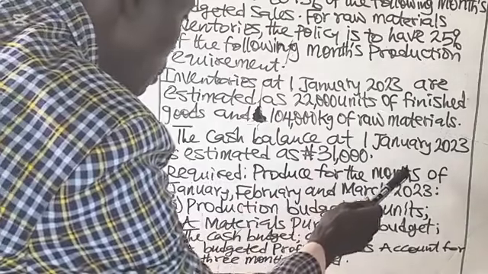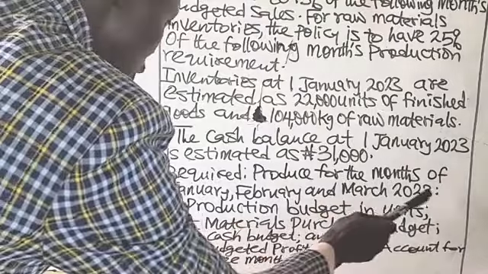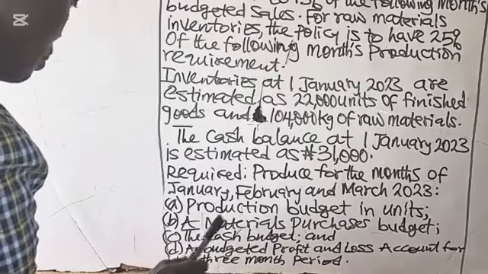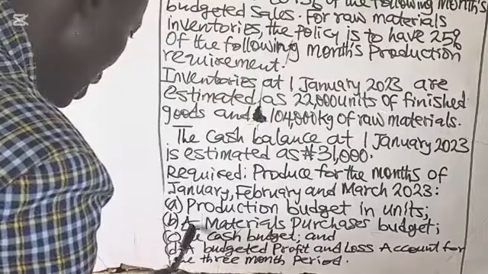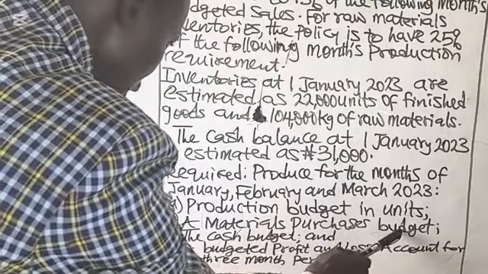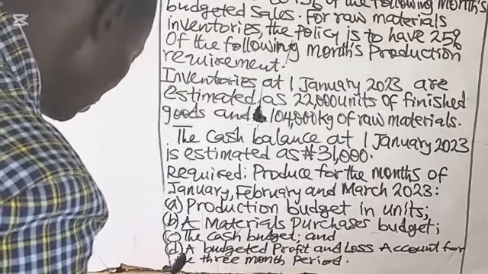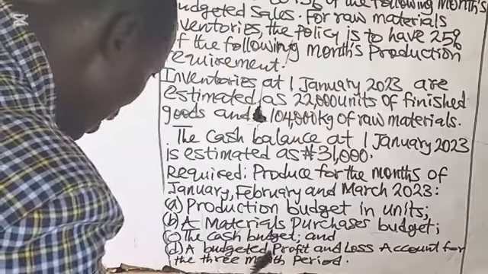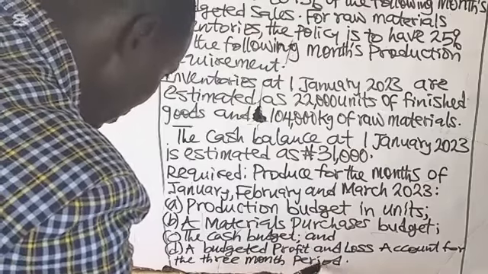Produce for the months of January, February, and March 2023. A. Production budgets. Budget in units. B. A materials purchases budget. C. The cash budget. And D. A budgeted profit and loss account for the 3-month period.